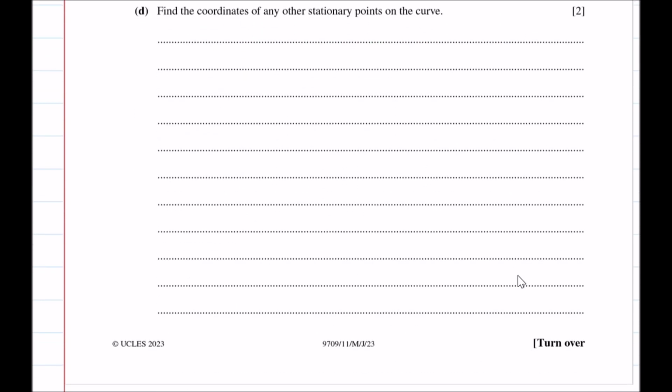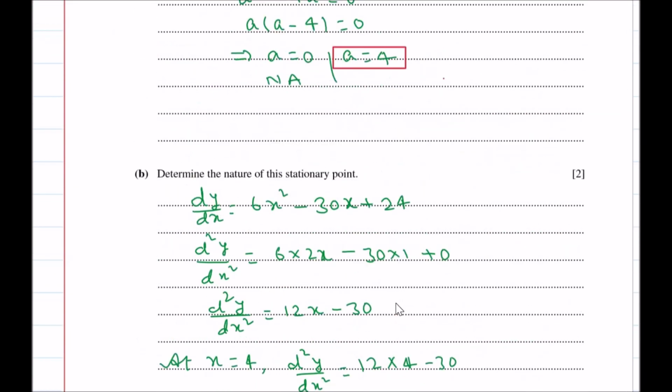Find the coordinates of any other stationary points on the curve. So the stationary points means dy by dx equal to 0. So let us write dy by dx equal to 0. We have got dy by dx here.